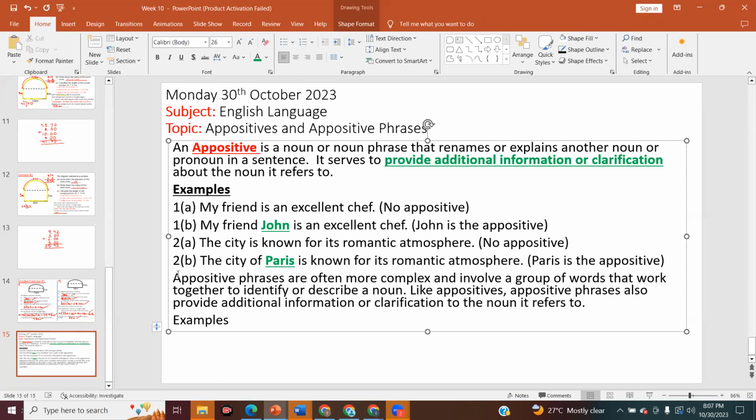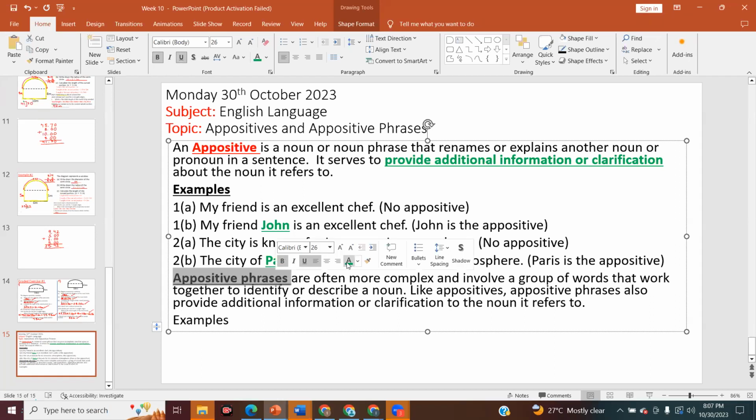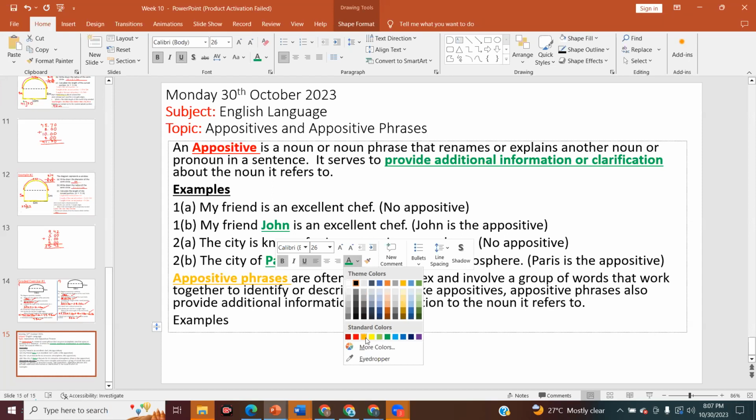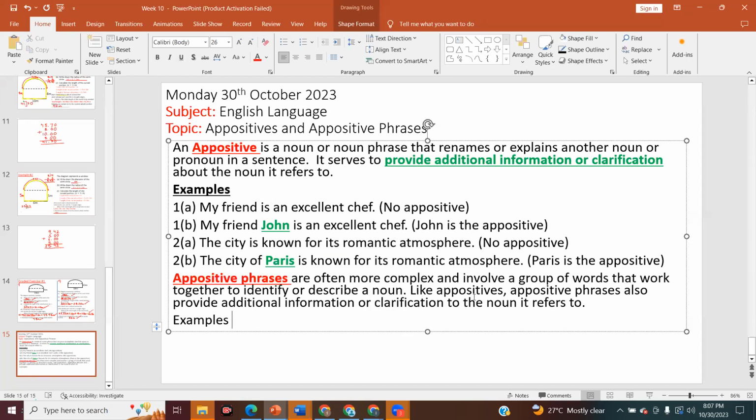Good. So it's basically an extended version of an appositive. An appositive phrase is an extension of an appositive. So you have single-word appositives and you have appositive phrases. That's basically the difference.